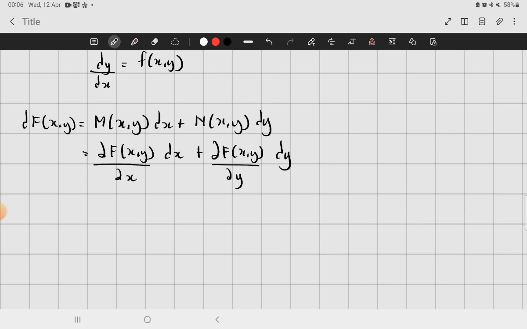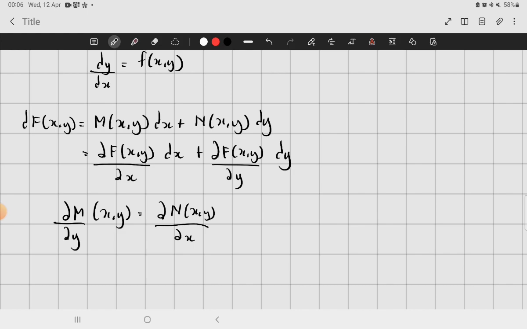So basically, we check if it satisfies this particular condition: when we take the partial derivative with respect to y of the function M, and the partial derivative with respect to x of the function N, if both of them are equal, then the differential equation is exact.